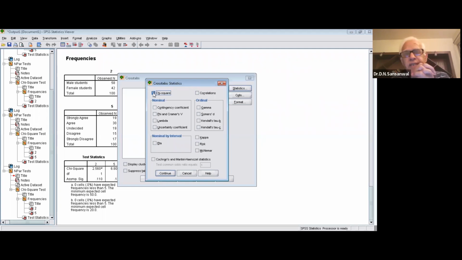I hope you have understood it. So here is the chi-square. So I click it here. Do not worry, I will tell you.